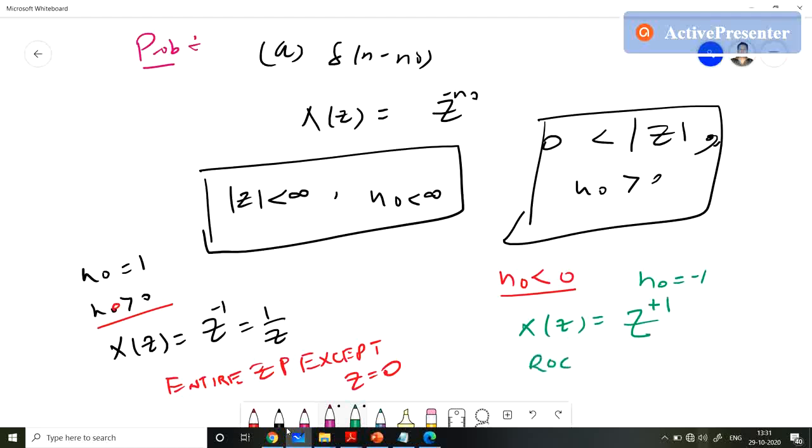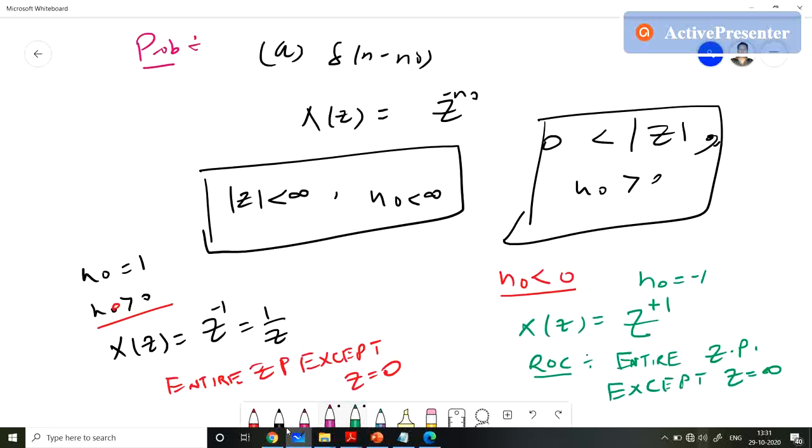So the ROC is the entire z plane except z equals infinity, because when we put z equals infinity, this X(z) will become unbounded. Here when we put z equals 0, this 1 by z will become unbounded.